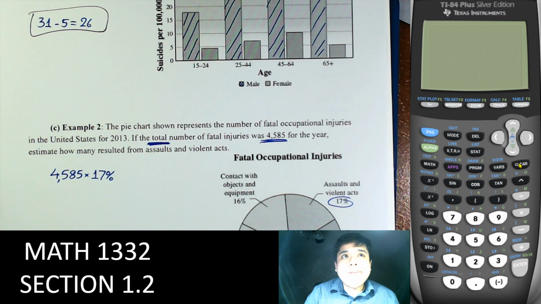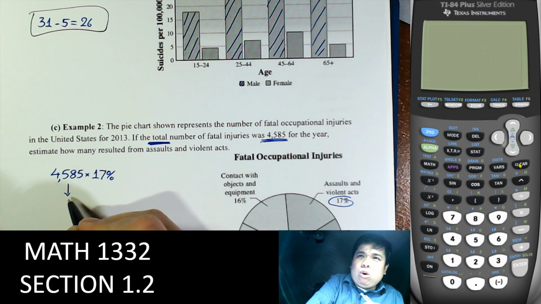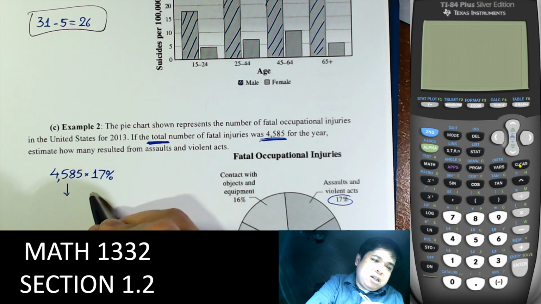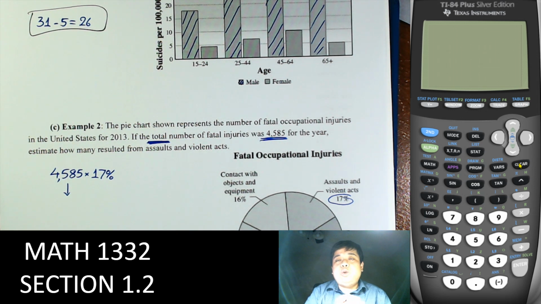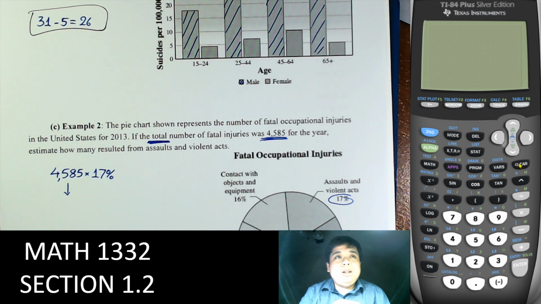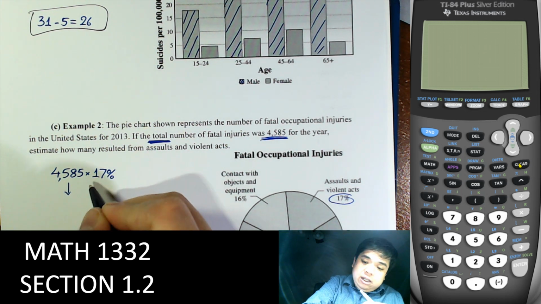Well, we round that to something easy to calculate. I can round this to a bigger number or a smaller number. But let's say 17%, you can round that to 20%, or you can round that to 15%. So it depends. I just do two different ways here.